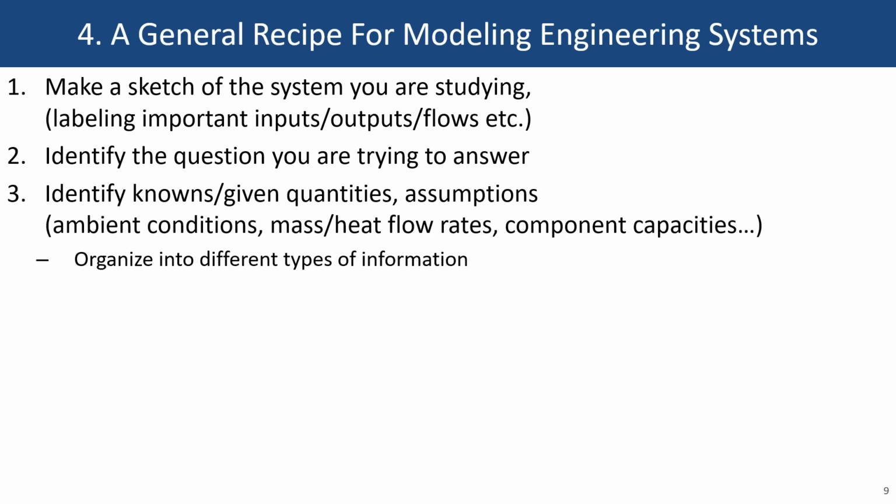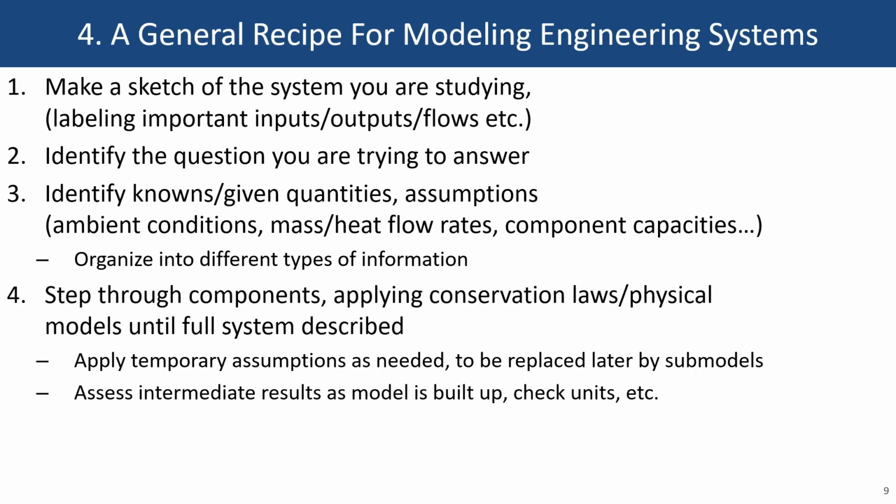So once you're at that step, you can then identify clearly what information you have, and what assumptions you're going to need to make to be able to solve the problem. And you can always go back and add more information or more assumptions if you work through the problem and learn that you need additional ones. It's sometimes helpful to organize this information into different categories depending on how open-ended or broad the problem is.